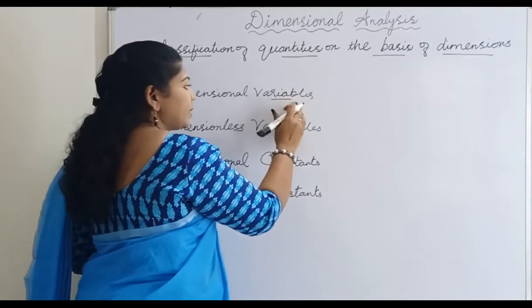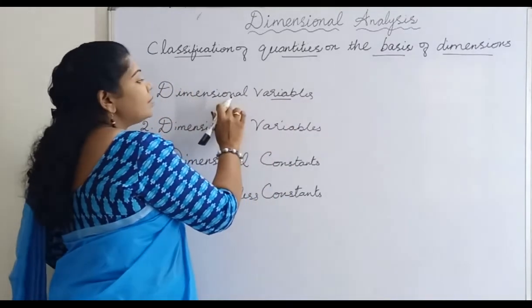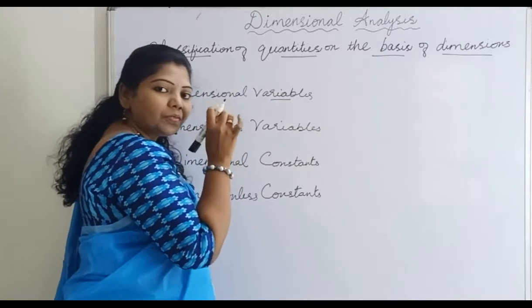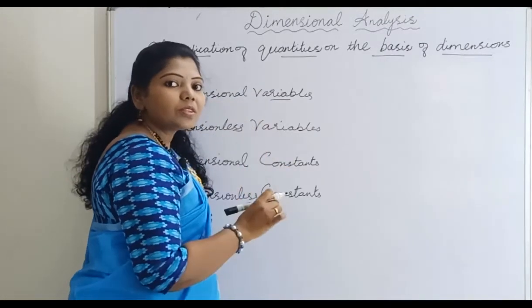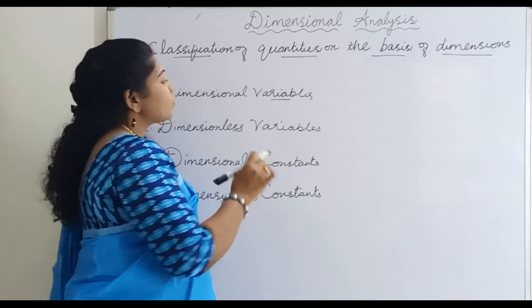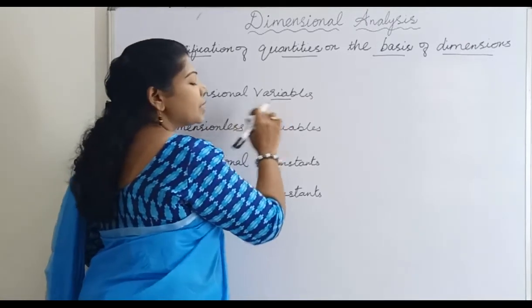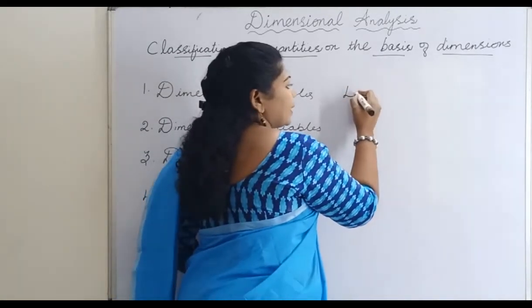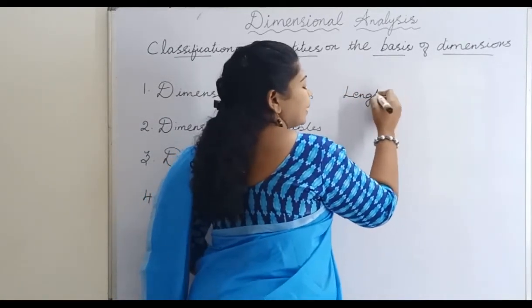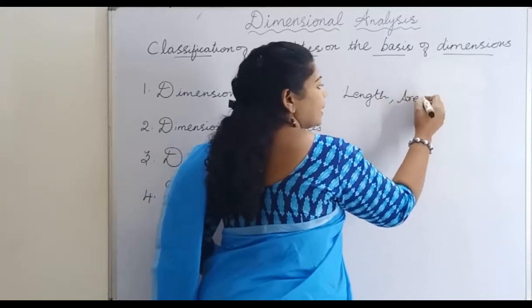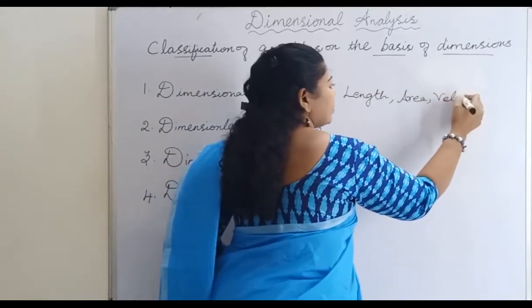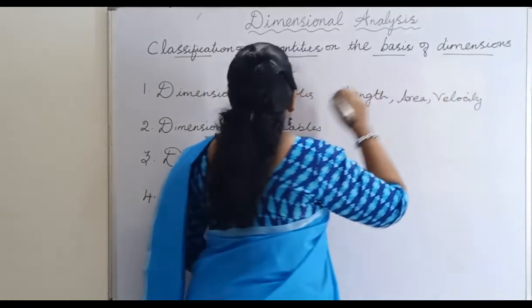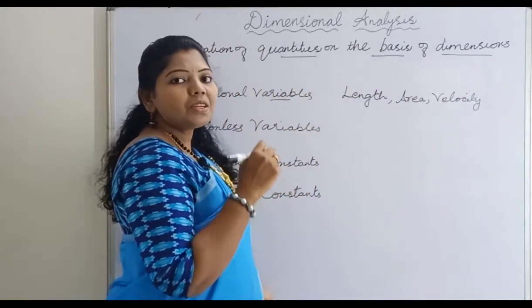The value varies and it also has dimension. Those quantities are called dimensional variables. For example, physical quantities like length, area, velocity, acceleration, these are all called dimensional variables.